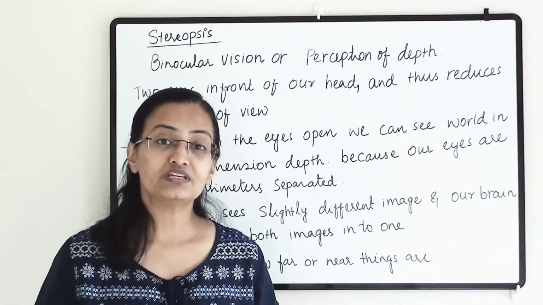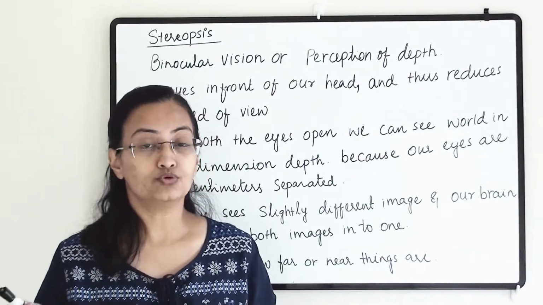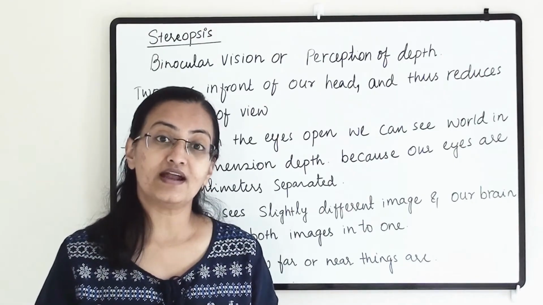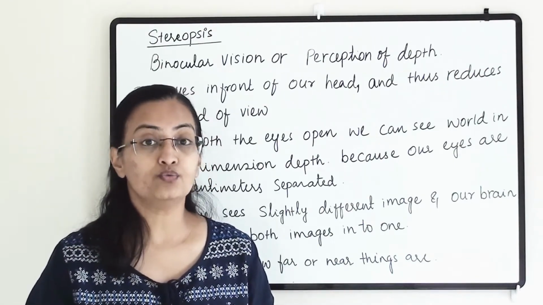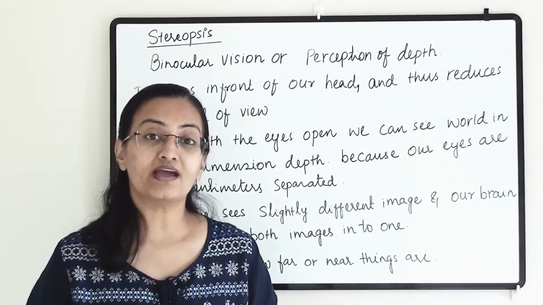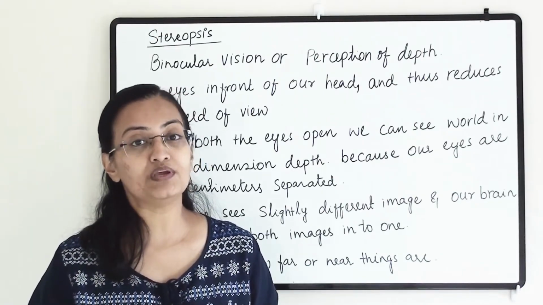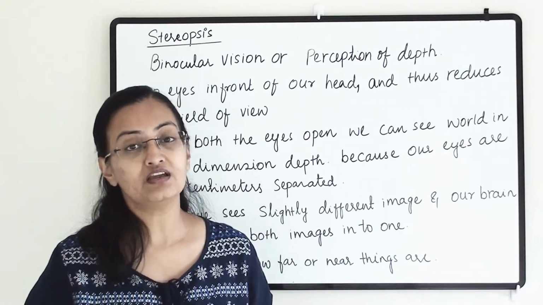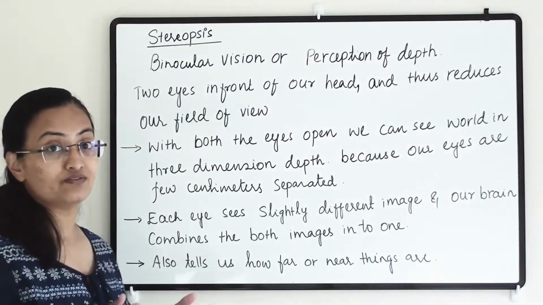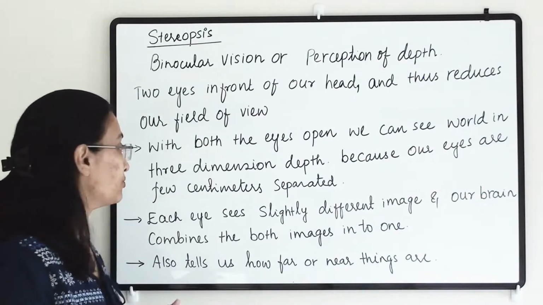So our vision is limited compared to those animals, but with both eyes situated at the front of our head, we can see a 180-degree field of view, and with one eye shut we can see a 150-degree field of view. So that is the ability of our 2 eyes situated at the front of our head.